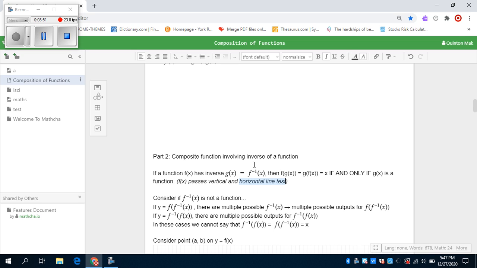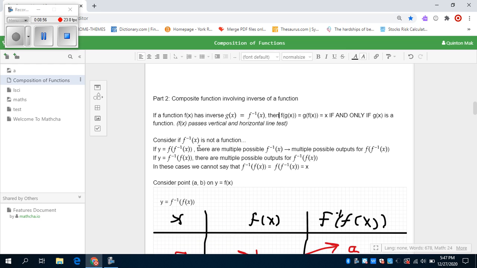Now, what if the inverse is not a function? If the inverse is the inner function of the composite function, then there are multiple possible f inverse of x. Remember, this inverse is the input of the outer function.